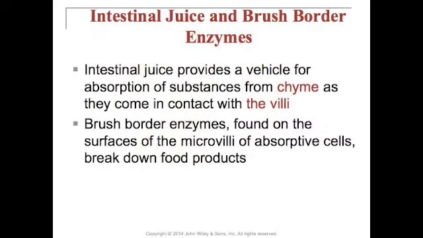Intestinal juice and brush border enzymes. Intestinal juice provides a vehicle for absorption of substances from chyme as they come in contact with the villi. Brush border enzymes, found on the surfaces of the microvilli of absorptive cells, break down food products.